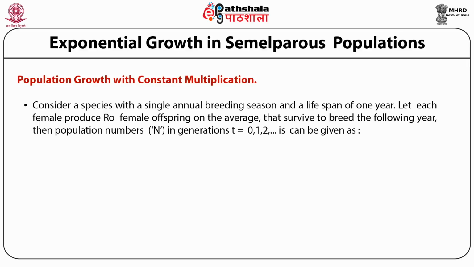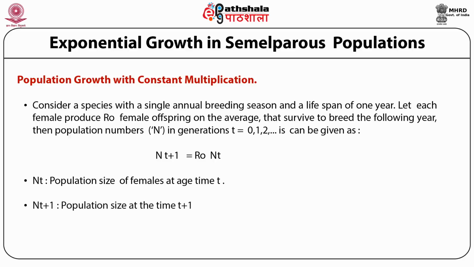Then the population number N in the generations T, that is 0, 1, 2, 3, can be given as N(T+1) = R0 × N(T), where N(T) is the population size of the females at time T, and N(T+1) is the population size at time T+1.